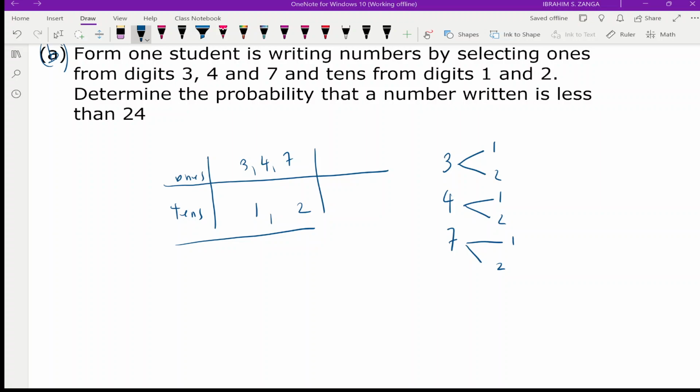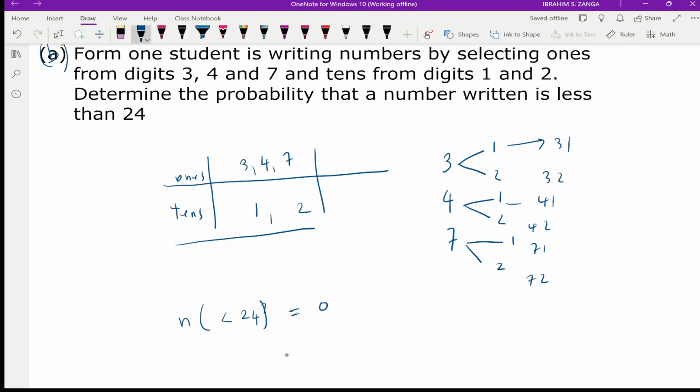So you can compare the numbers. You can see that the numbers will be 31, 32, 41, 42, 71, 72. So we have to check the number of digits which is less than 24.